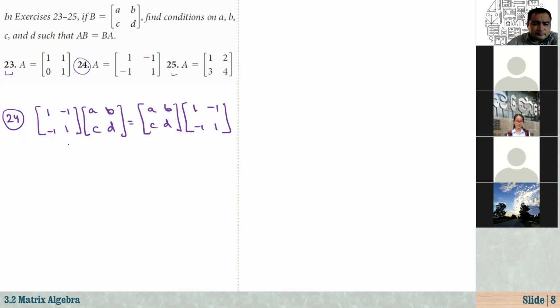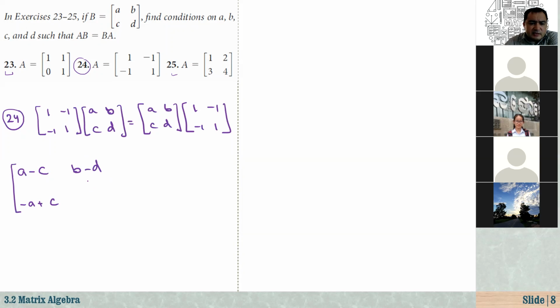What is this? Again, if you just carry out this multiplication, on the left-hand side, we will have 1 times a, negative 1 times c, that is a minus c. The second one, 1 times b, negative 1 times d, that is b minus d. The second row, negative 1 times a, so it is negative a plus c.